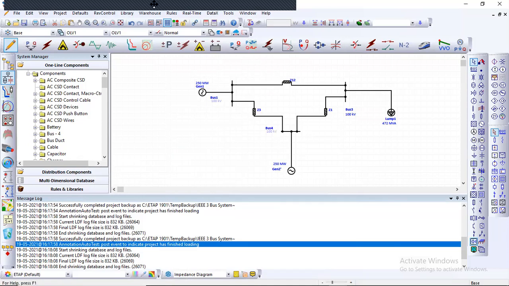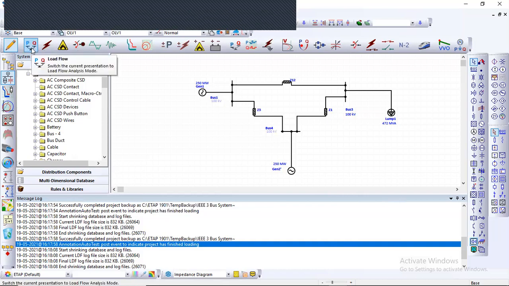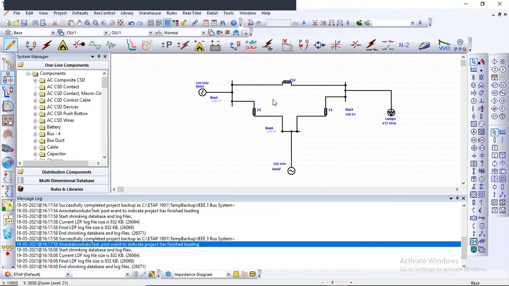So we are moving towards the aspect related to the load flow. This is a simple model, and now we have to find its load flow analysis. So this is the edited model that we need to draw for this purpose.